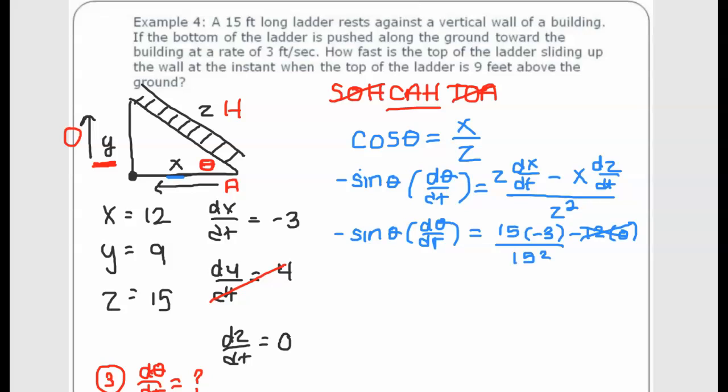Oh, that's kind of nice too. 15 and 15 squared cancel, only because this zeroes out. If that didn't zero out, then I couldn't cancel my 15s. But because it's 15 times negative 3 minus 0, it just becomes one piece of the problem.